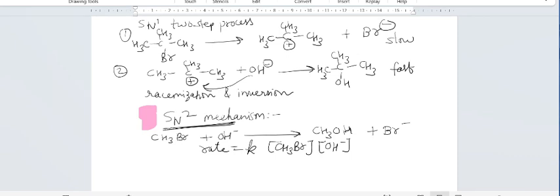Here the nucleophile concentration is also present in the rate expression. It means that it is also affecting the rate of the reaction. The reason is that it is a single step process. SN2 is a single step process.